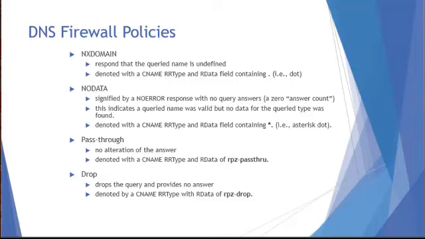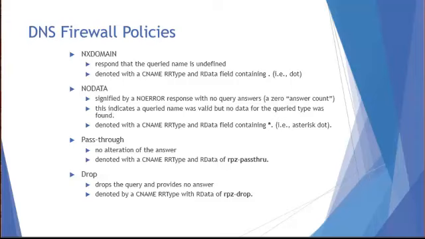Pass through, this is basically just a note that it triggered. Perhaps if you have logging set up, it'll log that, and it'll basically pass that through unmodified. Drop, so in this case you don't even respond to the client, and that's the case we looked at initially with the DNS firewall, with the malware infestation bringing the device into the network.